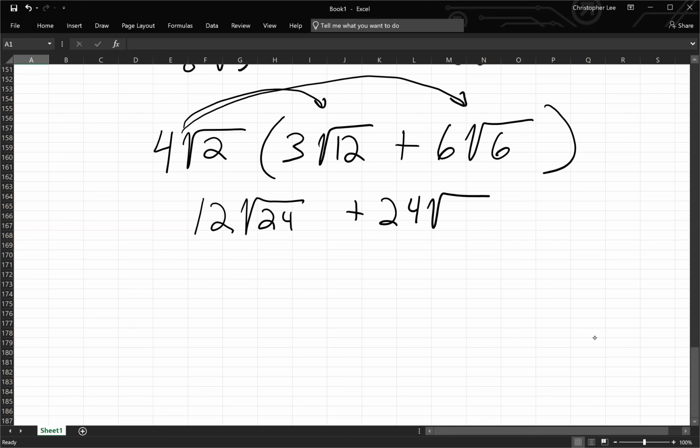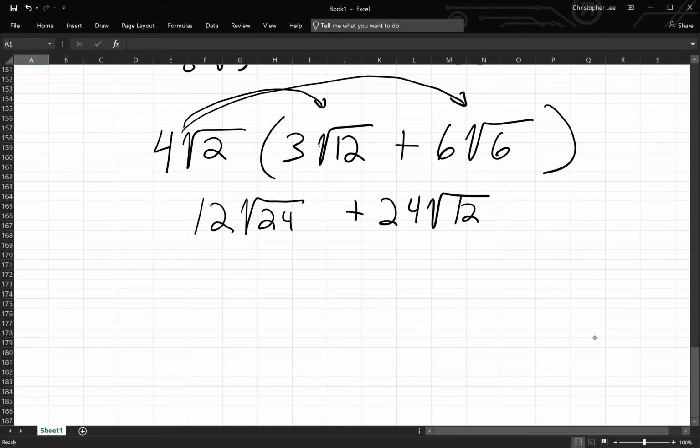Square root what? Good. That's it. Then just simplify the square roots. Which 24? So what's the largest perfect square that goes into 24?